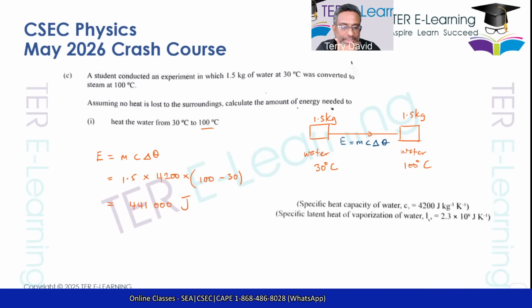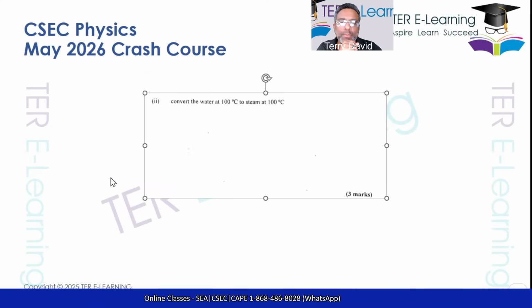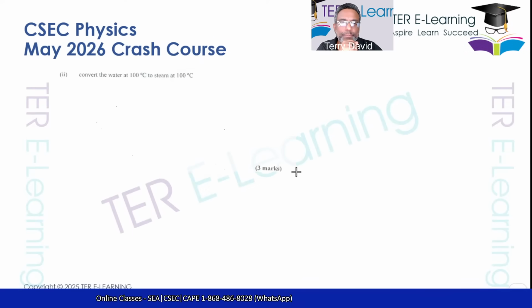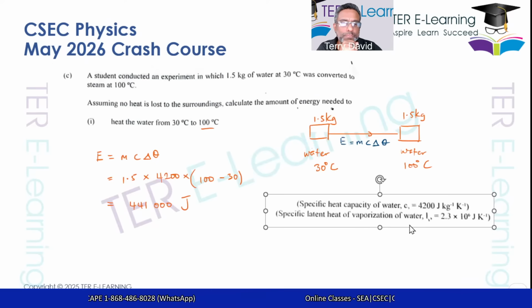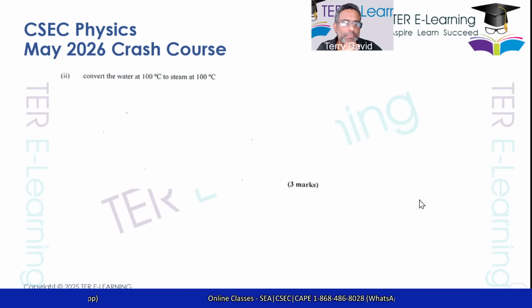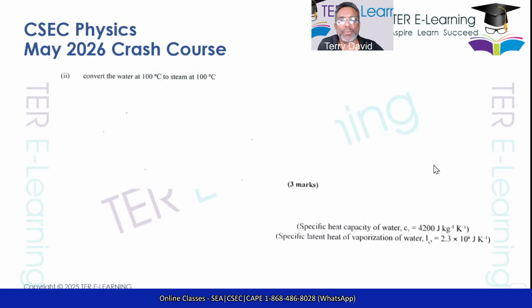All right, so that is part one. What do you have for part two here? So in part two, they want to convert the water into steam. All right, so let's understand what's happening here now.